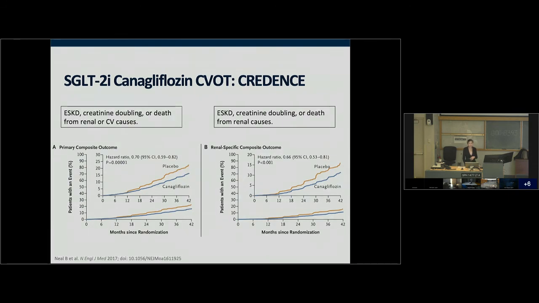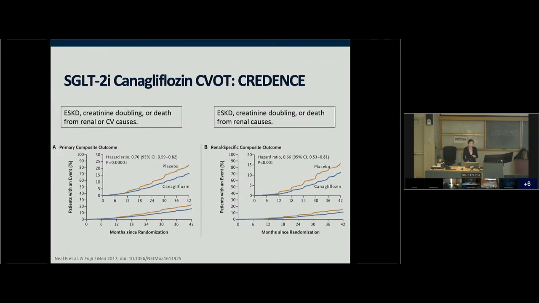The CREDENCE study, this was more recent, and that looked at specific patients with renal disease. And I have to remind you, these are all diabetic patients so far that I'm talking about. The CREDENCE study actually looked at the renal outcomes of patients on canagliflozin versus placebo.